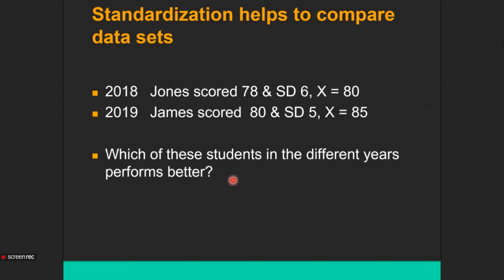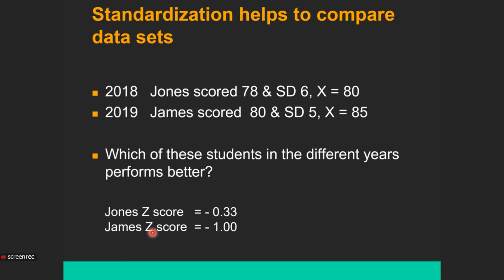Now, from this, you will agree that both James' score and John's score are below the mean. That's why they have negative values. But James' score is further below the mean than John's score. So it means John actually performed better than James. But when you look at the absolute value, the actual value they scored, we can appreciate that James scored 80, John scored 78.